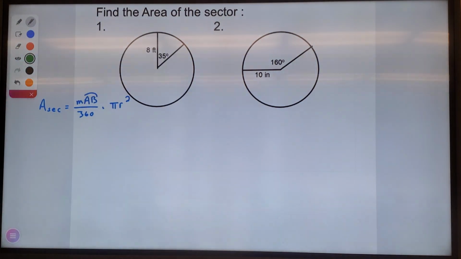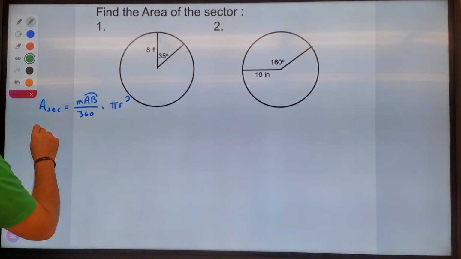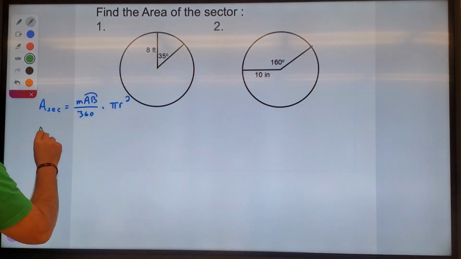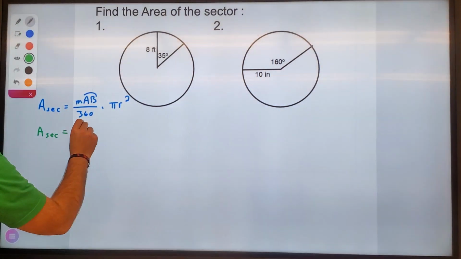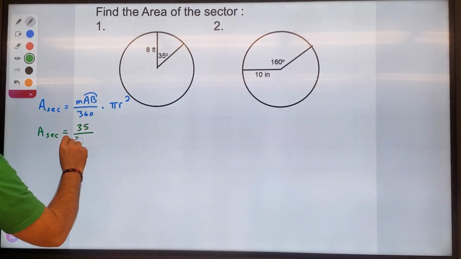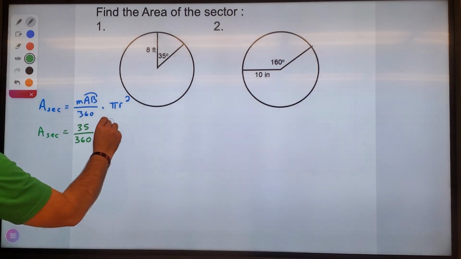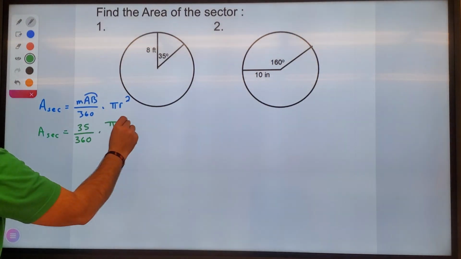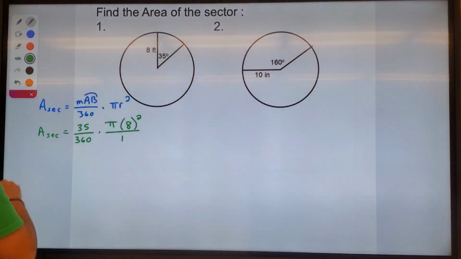And then again, I'm going to go ahead and plug in everything that I know. I know the measure of AB, again, is that central angle, that 35. So the area of the sector, SEC, is equal to the 35 over 360. And again, I'm going to turn this into a fraction. I'm going to have pi times that 8 squared over 1.